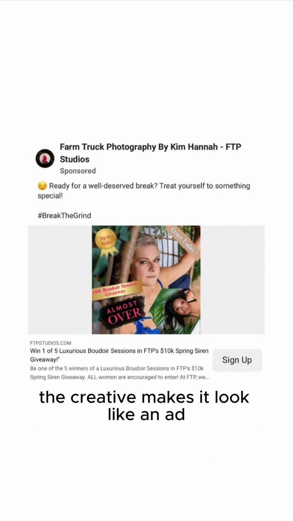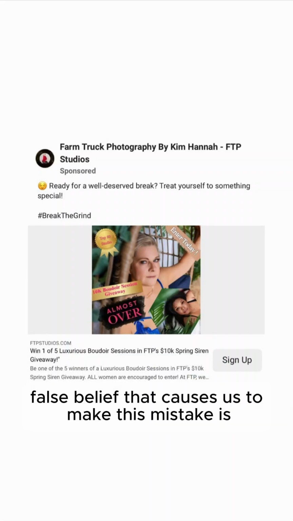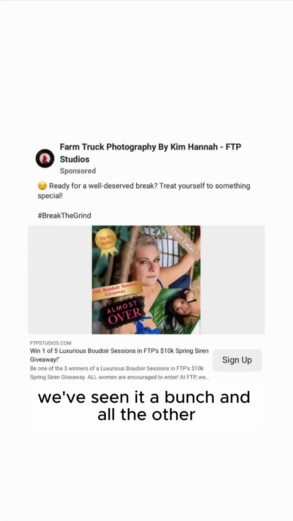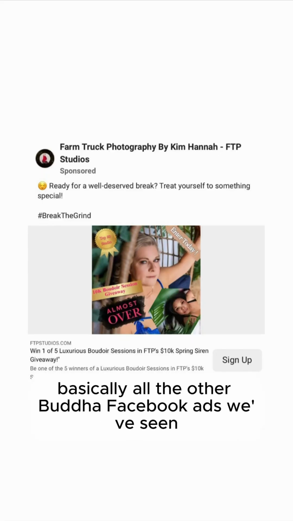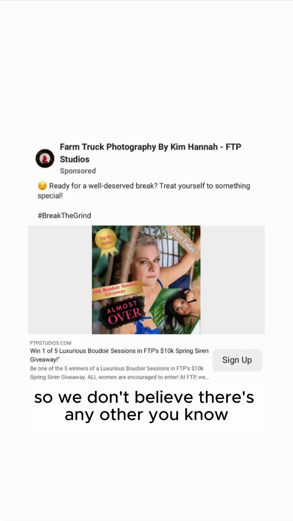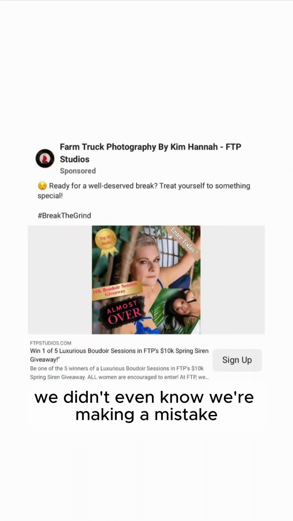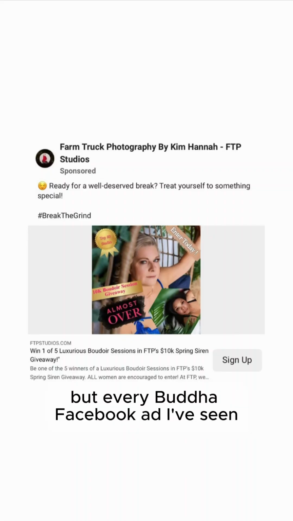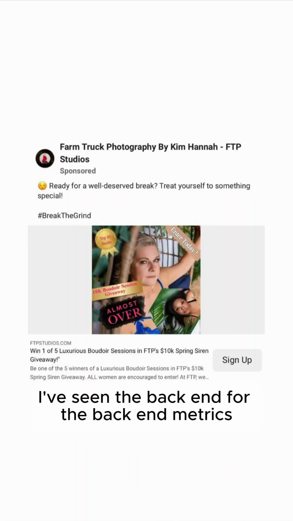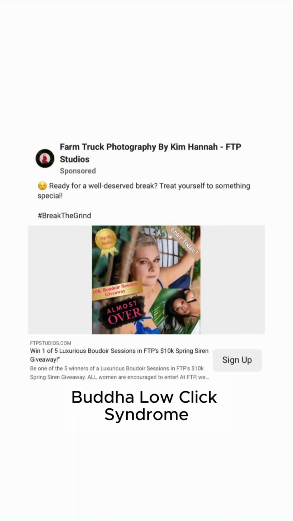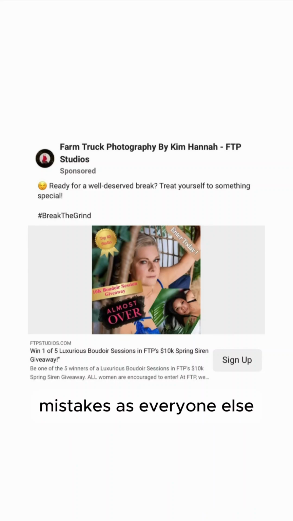The creative makes it look like an ad. The false belief that caused us to make this mistake is, well, we've seen it a bunch, and basically all the other boudoir Facebook ads we've seen. So we don't believe there's a problem. We didn't even know we're making a mistake, but every boudoir Facebook ad I've seen, I've tested, I've seen the backend metrics, 100% of them have had BLCS, boudoir low click syndrome, because everyone's making the same mistakes as everyone else.